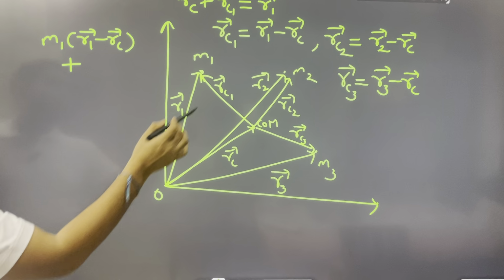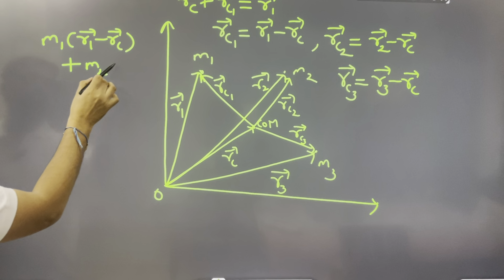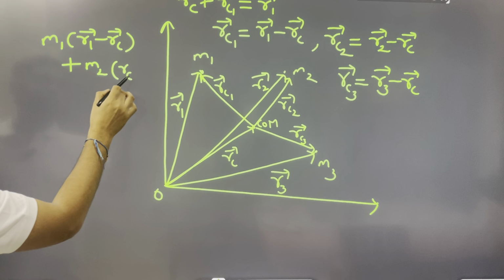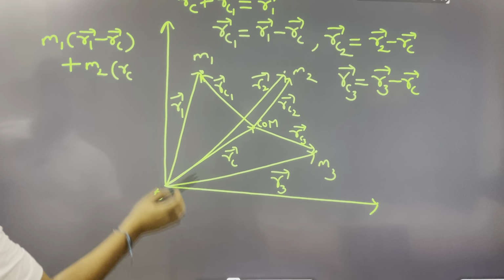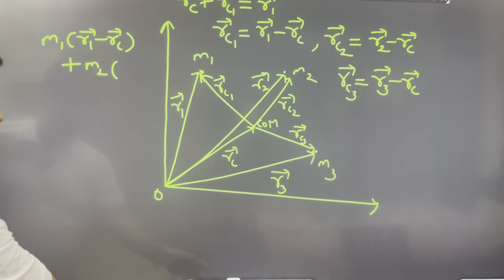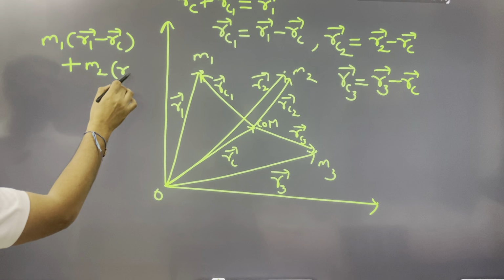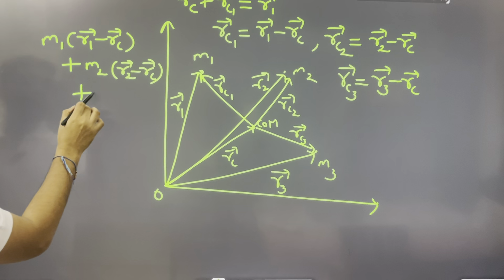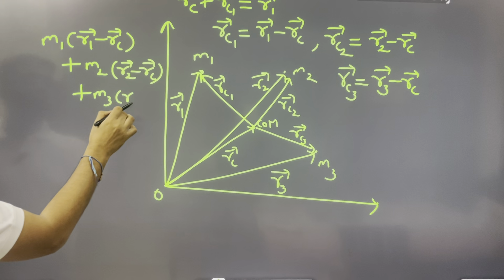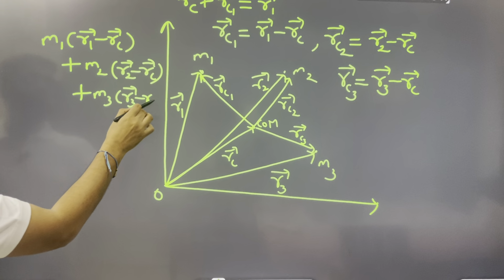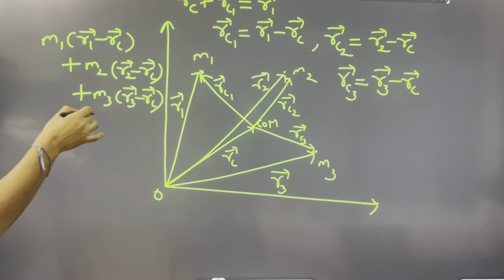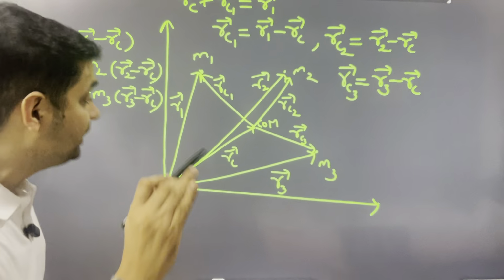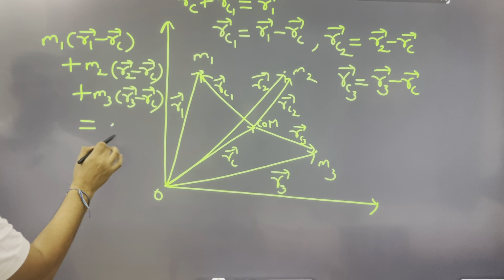Plus M2 into RC2 vector, and RC2 vector we can write as R2 vector minus RC vector, correct? Plus M3 into R3 vector minus RC vector. I took the sum of all the mass moments, and we equate it to 0.